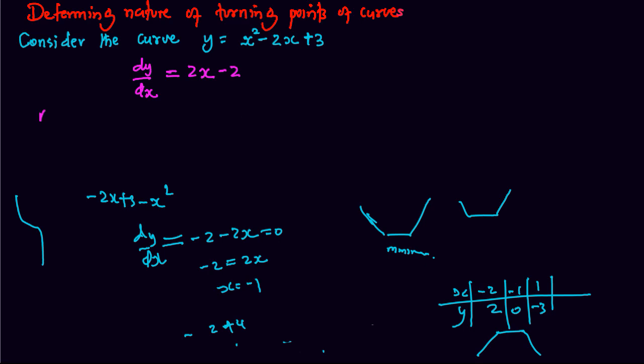At turning point, dy over dx is 0. So that means that our value 2x minus 2 is equal to 0.